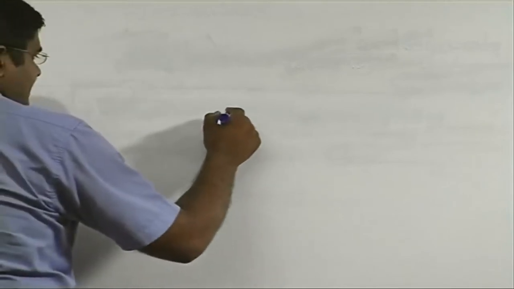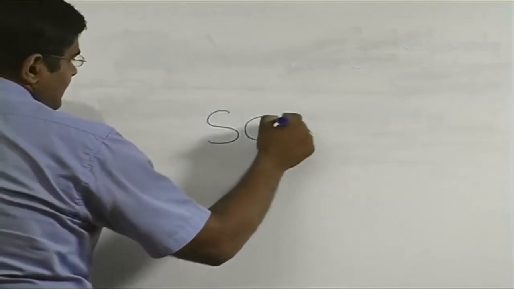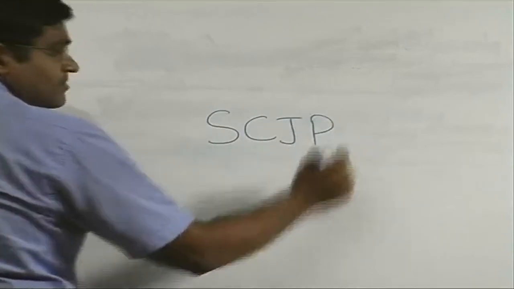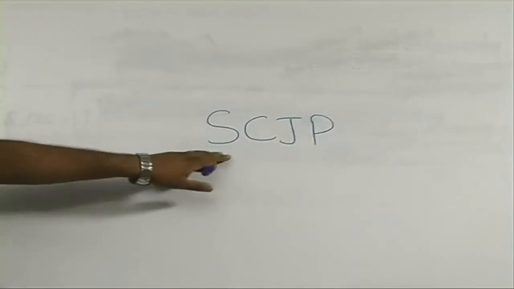So even though there is a slight name change to Oracle Certified Professional Java Programmer, we will call it by the famous name, SCJP, which stands for Sun Certified Java Programmer.